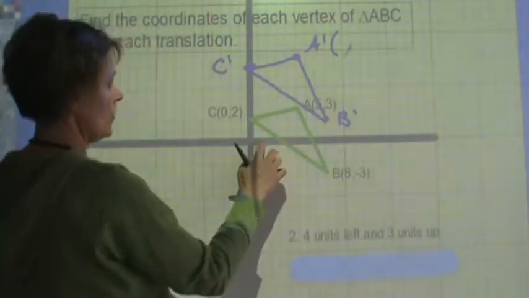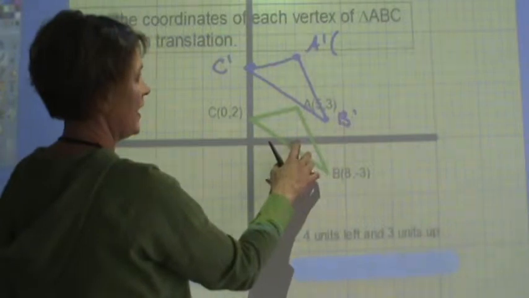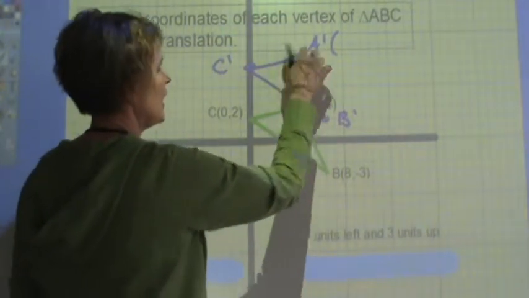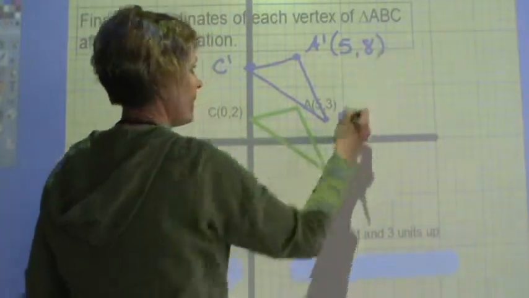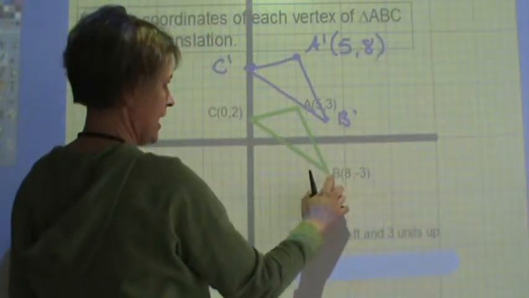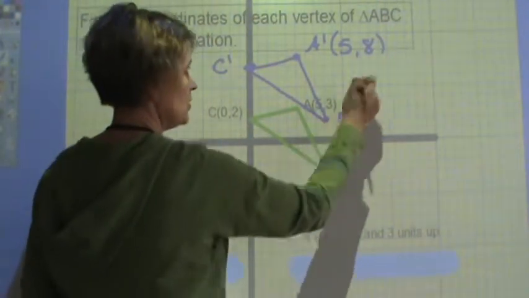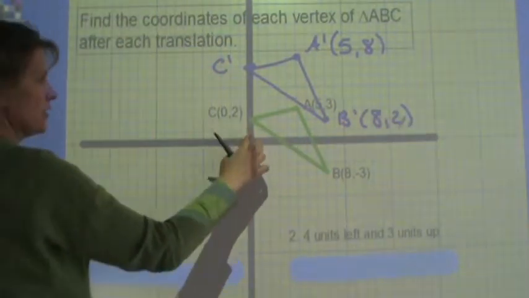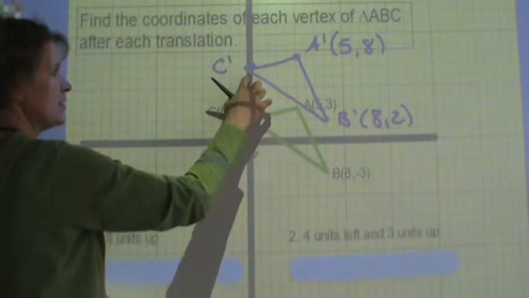So then I just count over 1, 2, 3, 4, 5, 6, 7, 8. B prime is at 8, 2. And C prime is at 0, 1, 2, 3, 4, 5, 6, 7.